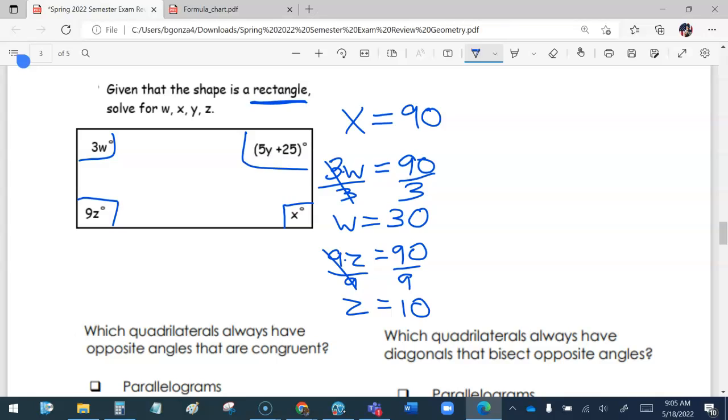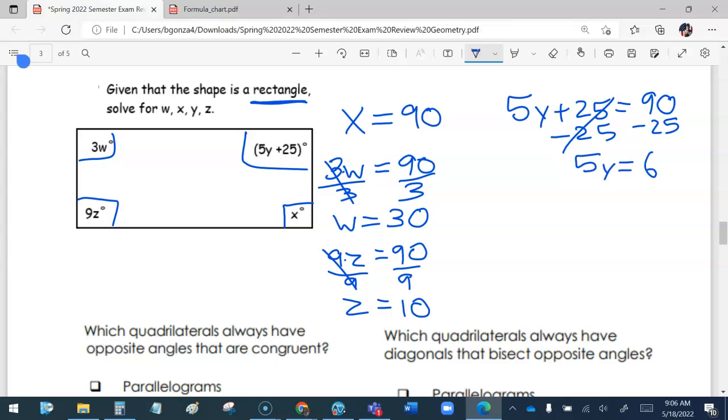Now for y, we have 5y plus 25 equals, and that angle has to be 90. So I just have a two-step problem. I'm going to get rid of that loner, positive 25 by subtracting 25. Then I'm going to bring down 5y equals, and I get 65.